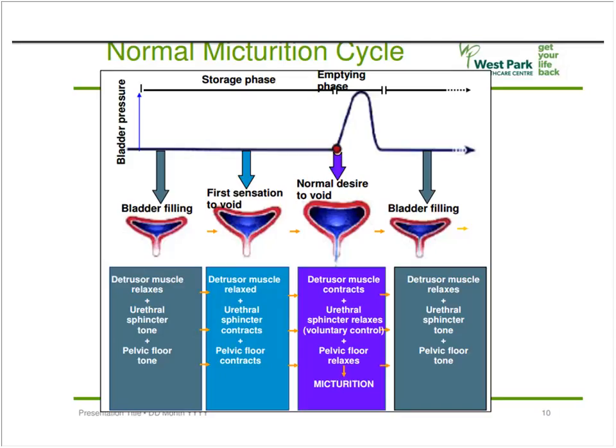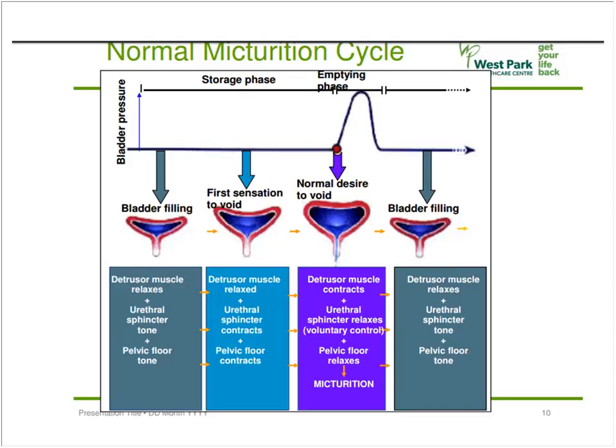If your bladder muscle is contracting during filling, then you're going to experience I-gotta-go urge symptoms and not being able to hold on. So the muscle's supposed to be relaxed during filling. Your urethral sphincter, which is your closure mechanism, should have a tone at this point, and your pelvic floor tone. With the first sensation to void, your bladder muscle should still be relaxed. Your urethral sphincter contracts and your pelvic floor contracts.